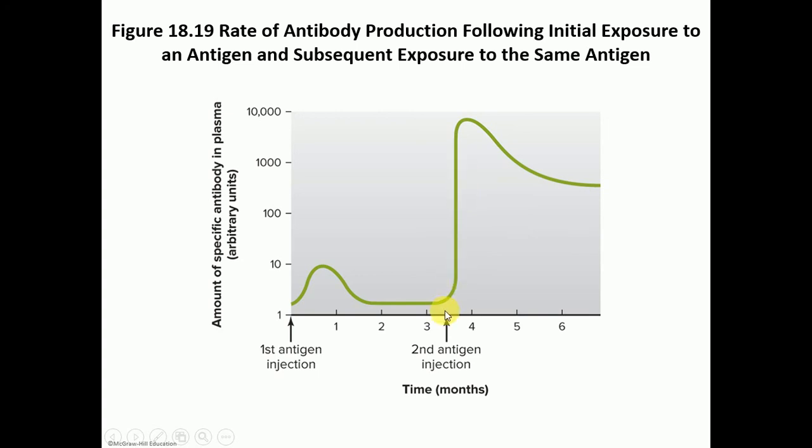And you see here that within days you are able to make a secondary immune response. And you see that the secondary immune response, not only is it faster, but the amount of antibodies being produced is much higher than your primary immune response.